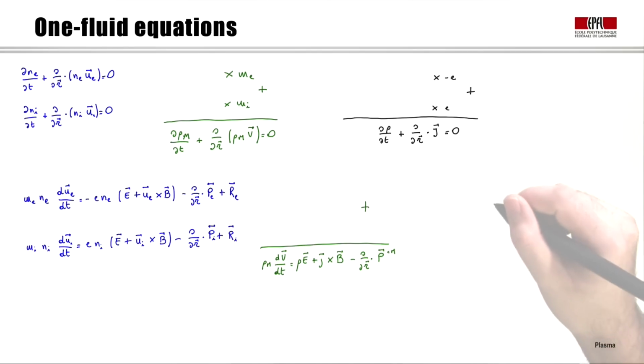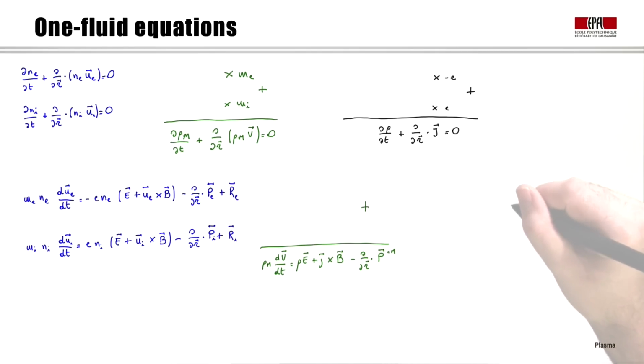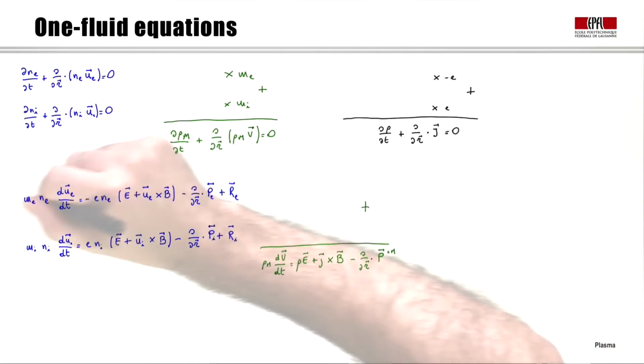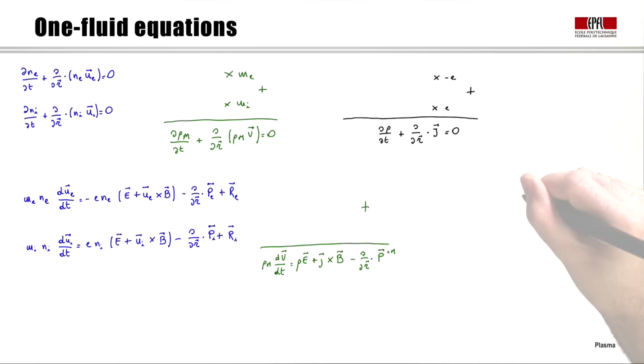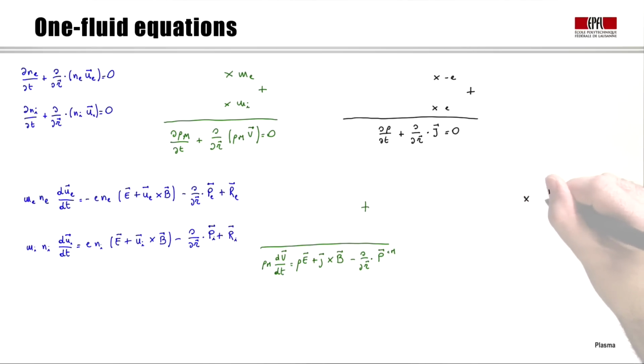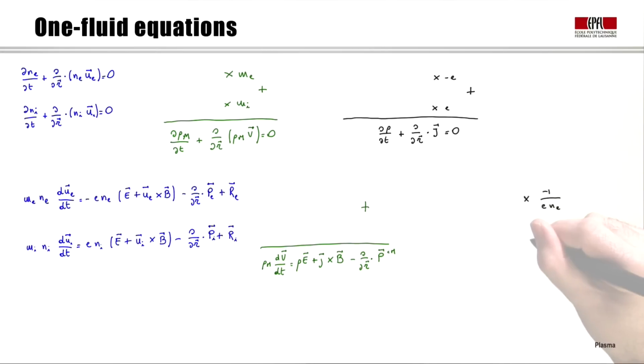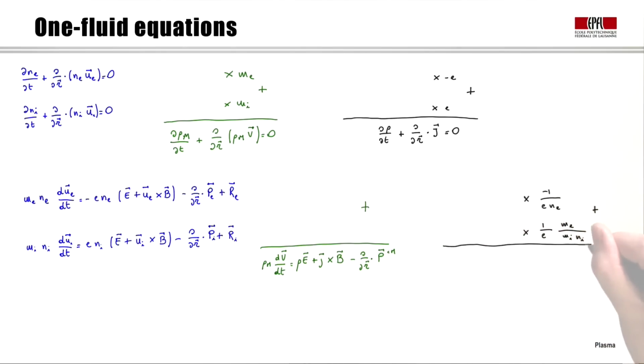And in order to obtain an equation for the plasma current, we should multiply the electron momentum equation by 1 over e and minus e, and the ion momentum equation by 1 over e, m_e over m_i, and e, and sum them up.